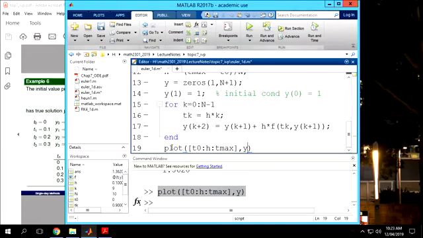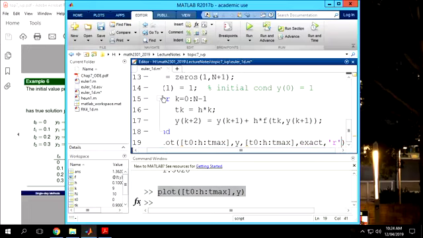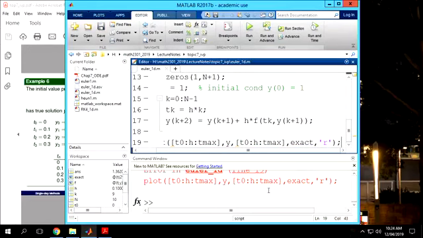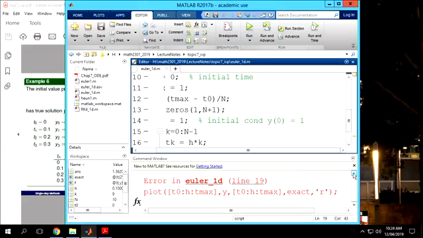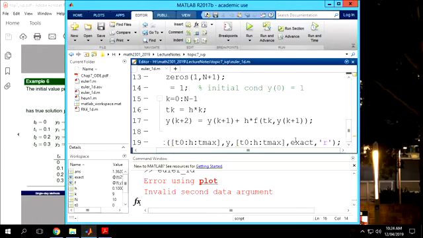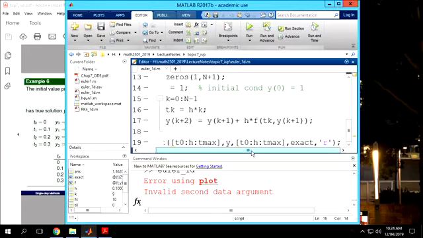And I plot exact as well, from t0 to t max, and we plot exact in a red color. Invalid, sorry.